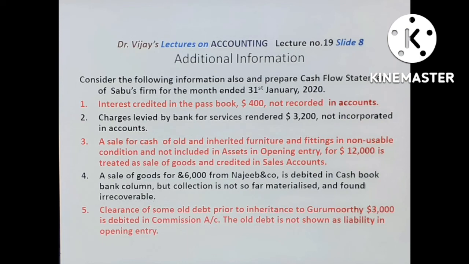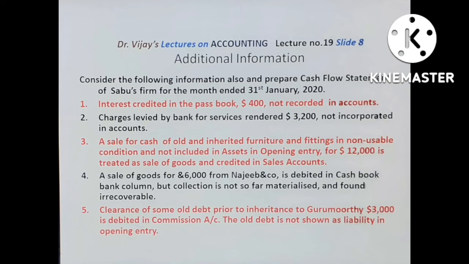Slide 8 gives some information relevant for preparation of the cash flow statement. It is all on the errors corrected just before preparing the final accounts and balance sheet of Sabu's firm for the month ending 31st January 2020. Rectifying entries are already passed and posted for it. We are reconsidering it here just for the following reason.